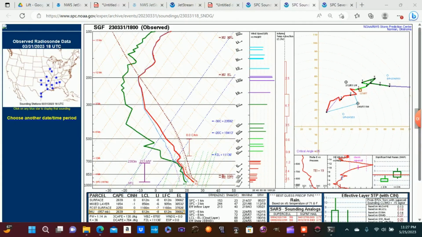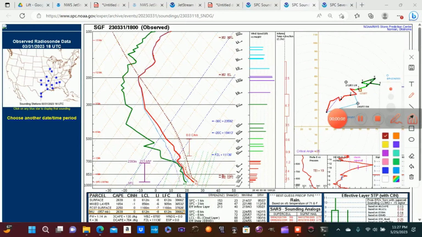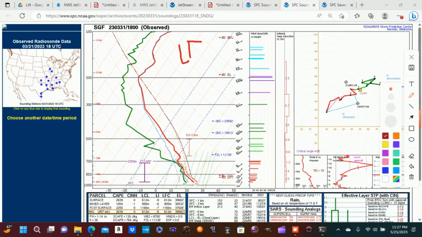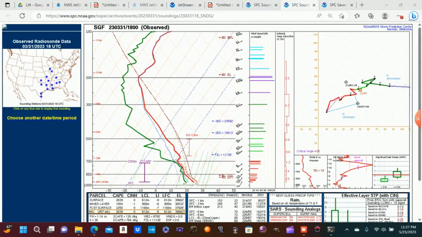There are two main parameters that we look at when we're looking to diagnose instability, and those are the lifted index and CAPE. First, let's tackle the lifted index.